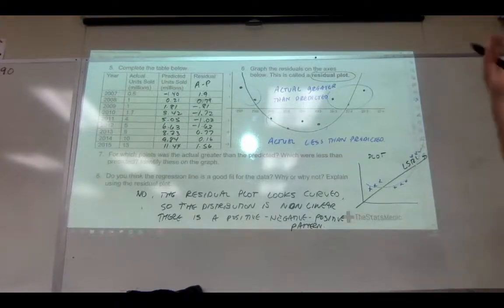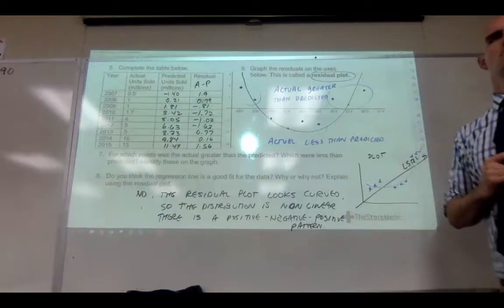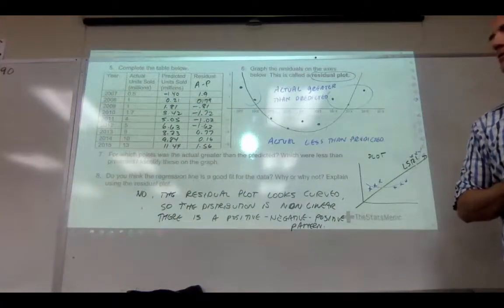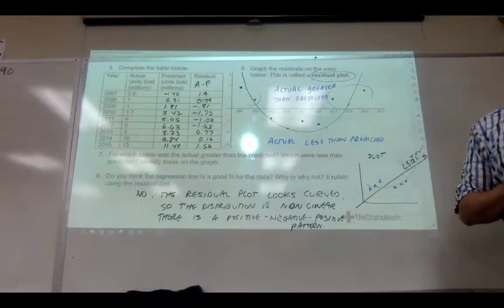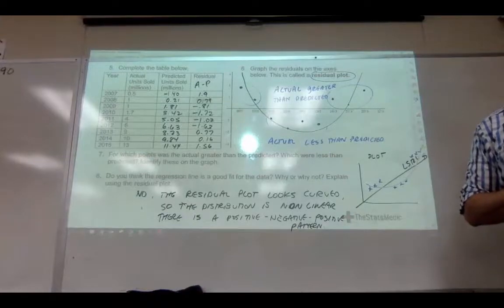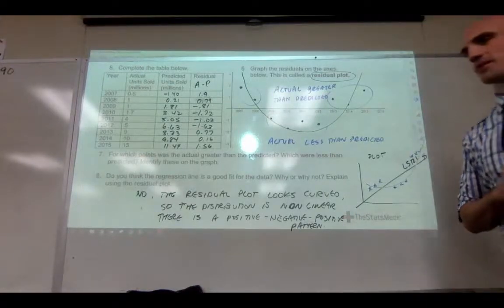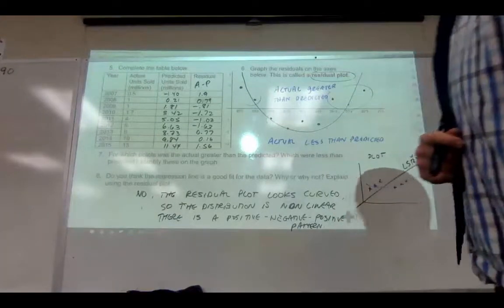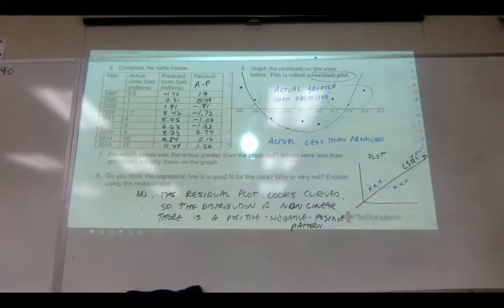So what do you think is going to happen if we actually have linear data? What's our residual plot going to look like? It's either all going to be above or all going to be below. Is it going to be at 0? No. They'll be only on one side of it? No. Or it'll alternate like by 1 and 1, so that it still makes a line. It won't have a pattern. It's going to be random.